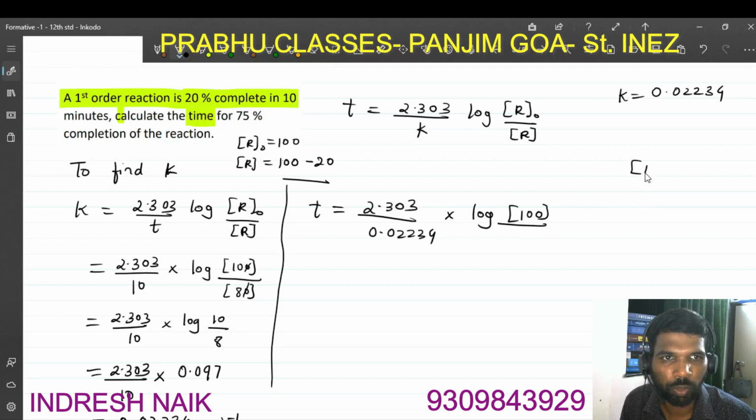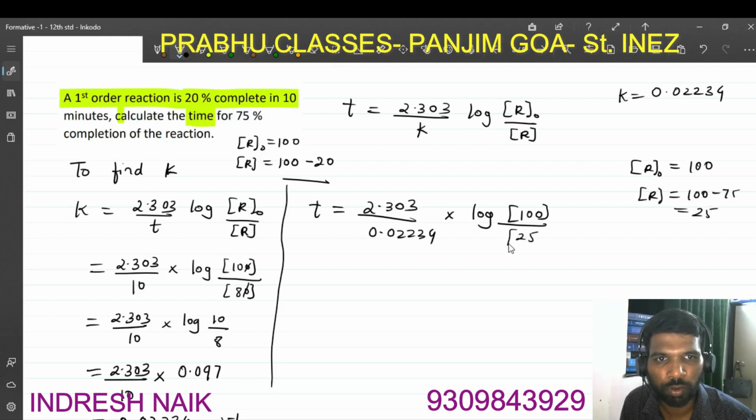So R will be 100 minus 75, that is what is left, which is equal to 25. So time will be 2.303 divided by 0.02234 into log of 100 by 25, which is log of 4.